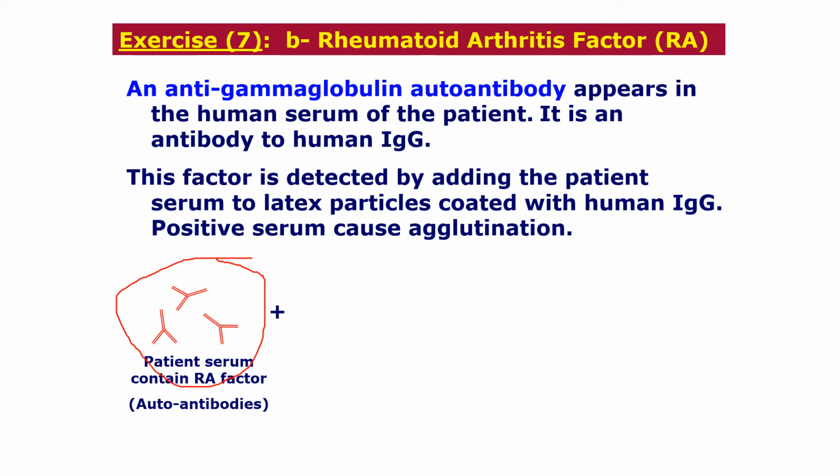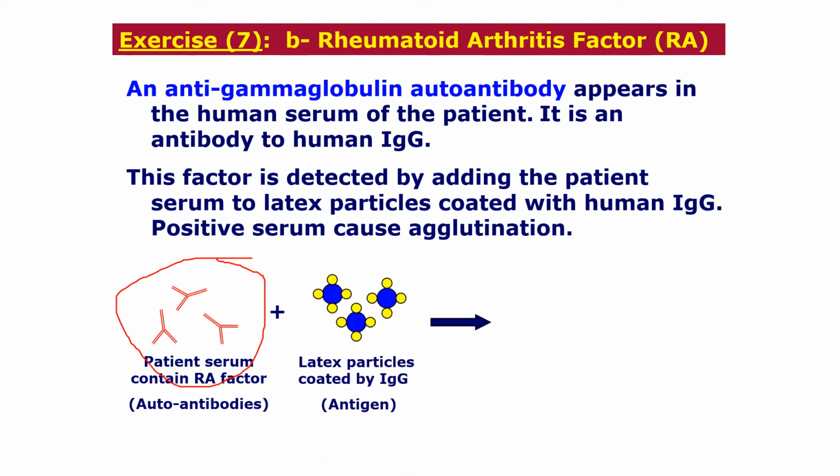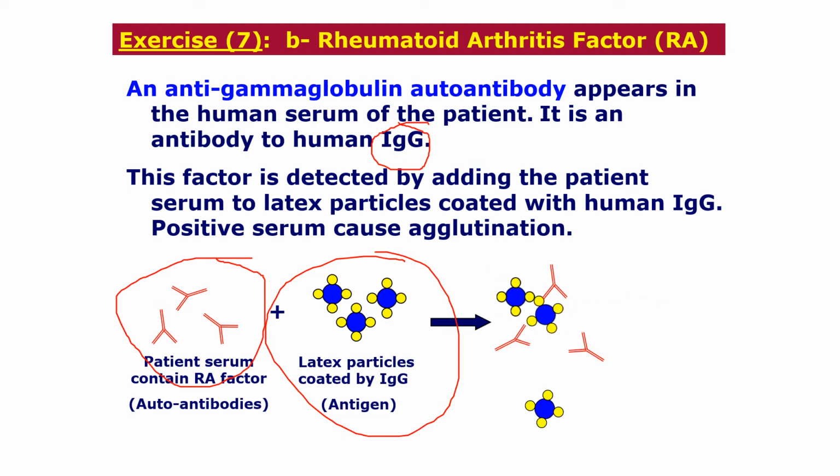Which antigen do we have? We have latex particles coated by antigen, and our antigen is immunoglobulin G. When the antibody finds the latex particle coated by IgG, the reaction will happen. We have agglutination, so we have a positive result.